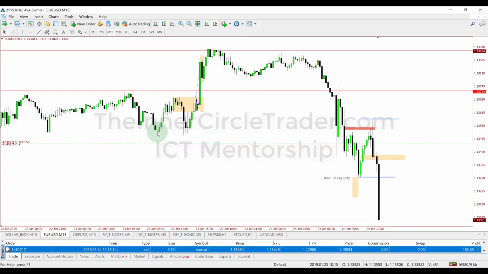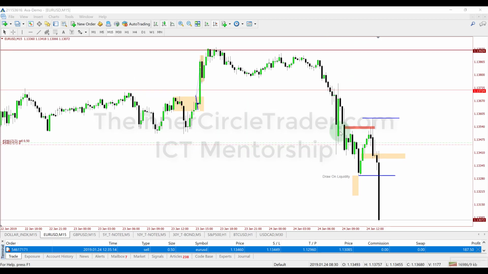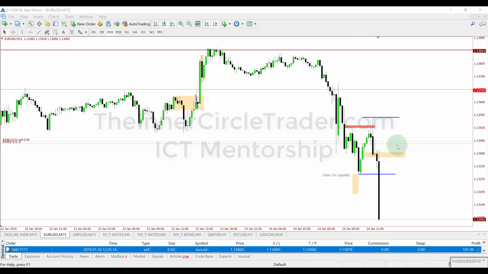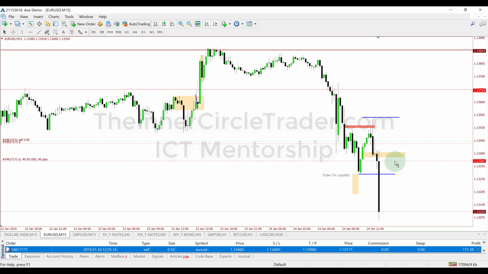So now we take another piece off. Notice how the fair value gap acted as real support and resistance. So now I want to lock in a little bit more of that profit. We'll go right to this price point right here because that's the last known rebalancing point. And that's all the detail I'm going to give you for now. And we'll just watch and see what this does.